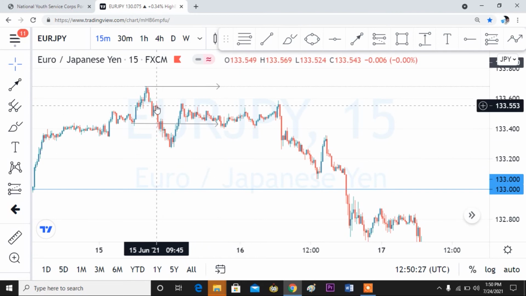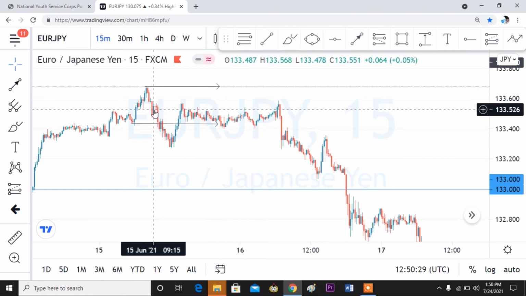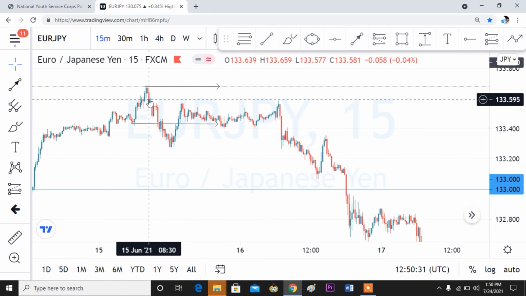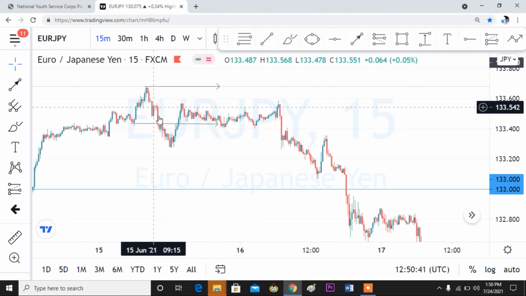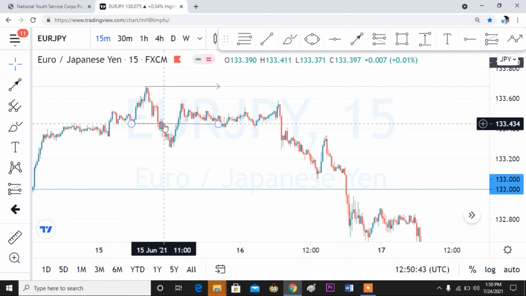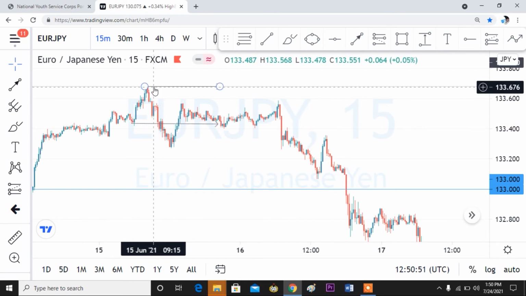As in this case, we have here a bullish candle, then we have here a bullish candle. Usually, if there appear to be two bullish candles before the break of market structure, the one that is close to the swing low or the swing high doesn't really hold.